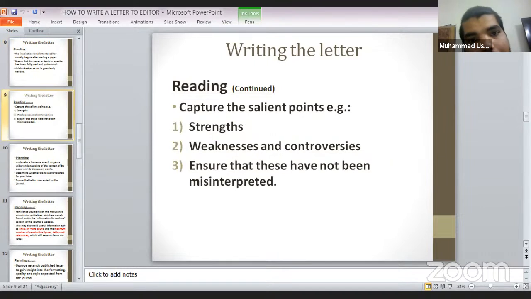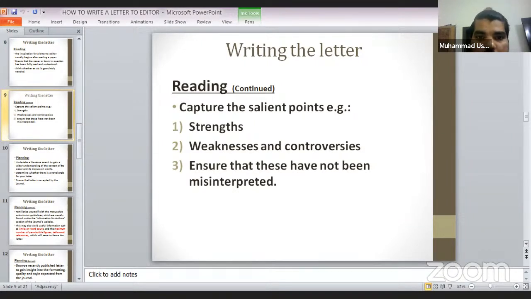And then the next step is reading, and you should capture the salient points, such as the strengths, weaknesses, and controversies of the articles. For example, you have studied an article and it contains a lot of confounders or some misleading points.